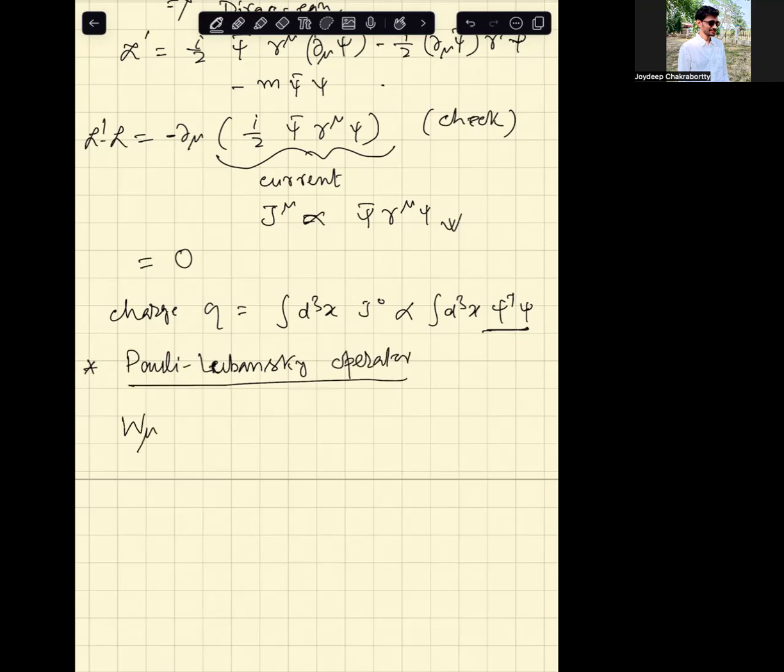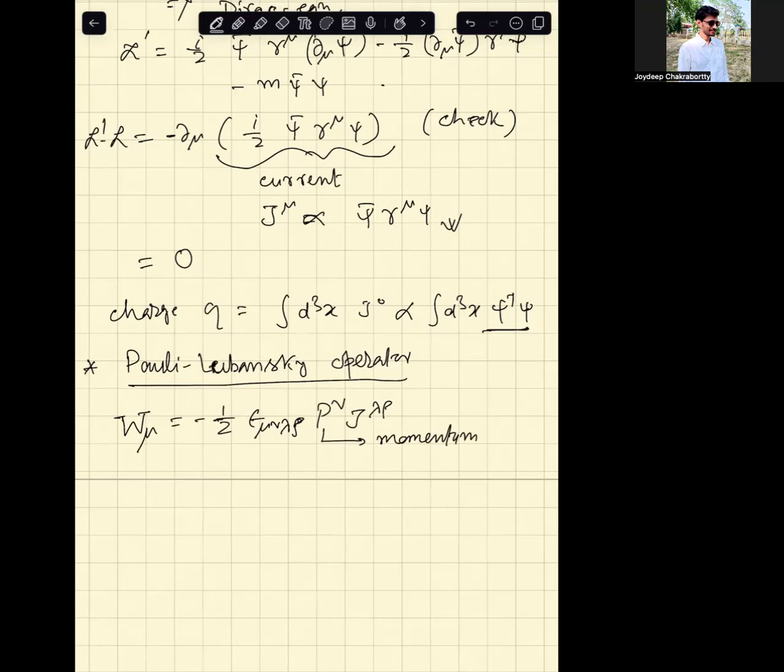Remember, this is not the W mu of the gauge boson or something like that. This is just a definition of the Pauli-Lubanski operator, introduced in this particular form with epsilon mu nu lambda rho, P the momentum, and J lambda rho.